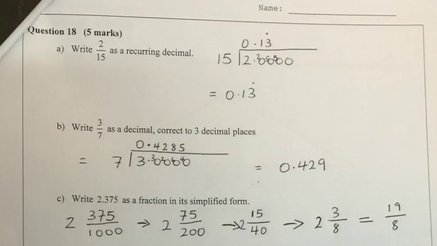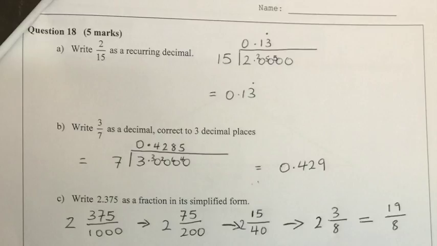Okay, which goes in, 15 goes into 50 three times, that's 45, leaving us with 5 left over. So we're going to keep getting 3 here, so we can put our little dot above the 3, showing that that is a recurring decimal. So it's got to be 0.1333333, and so on.